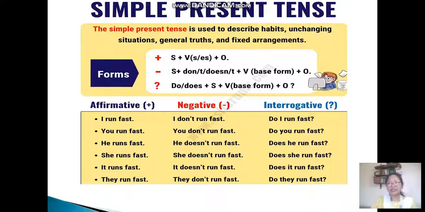Like I am playing, it is raining. So these are examples of present continuous tense. Now let me show you in the next slide how to use present continuous tense in affirmative, negative, and interrogative sentences.